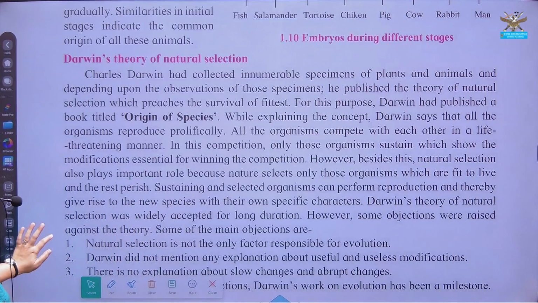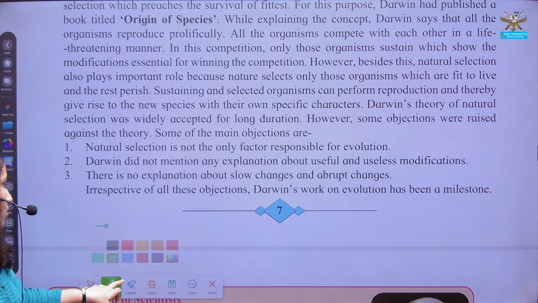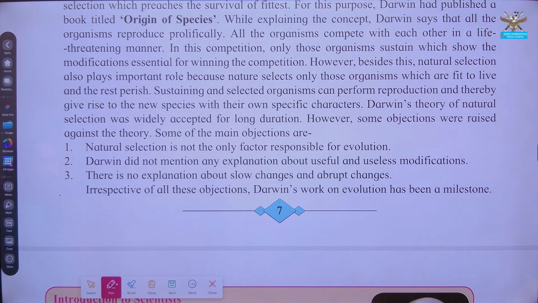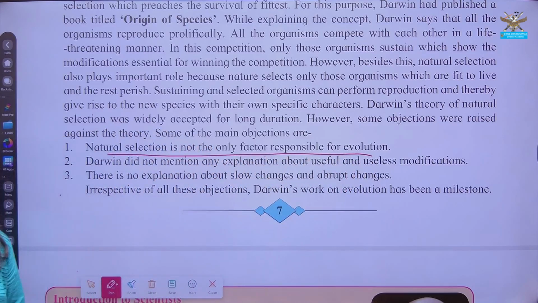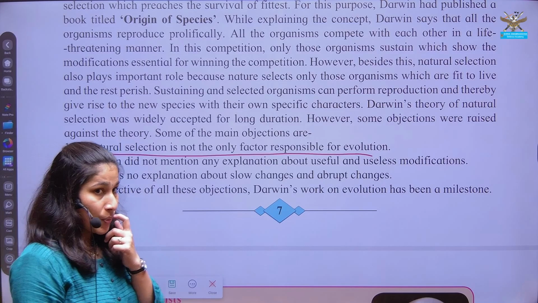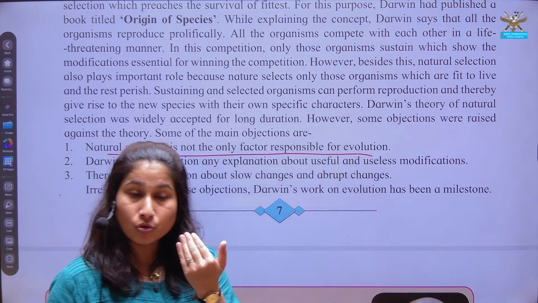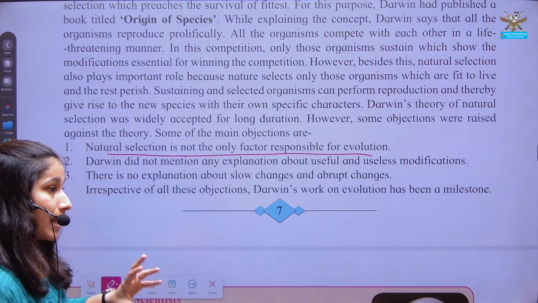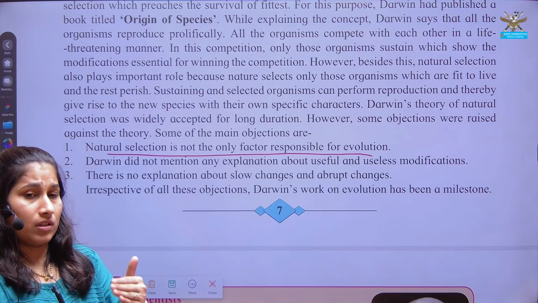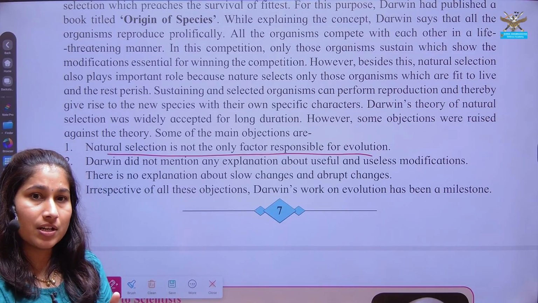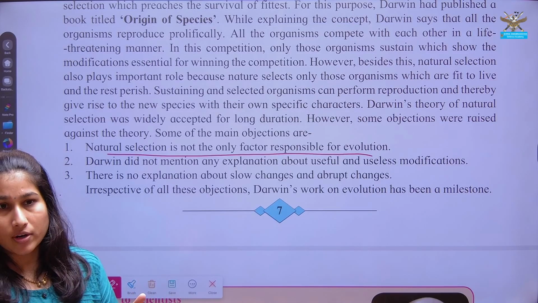Okay, but natural selection also has objections. What kind of objections does it have? First one is that it is not the only factor responsible for evolution. Darwin tried to explain the theory of natural selection. He wanted to tell people that there are different kinds of similarities in different organisms, but they try to survive in each and every condition by going against other organisms, right?